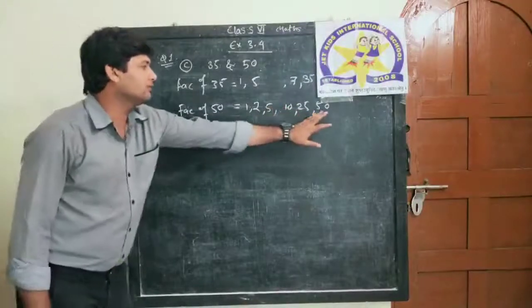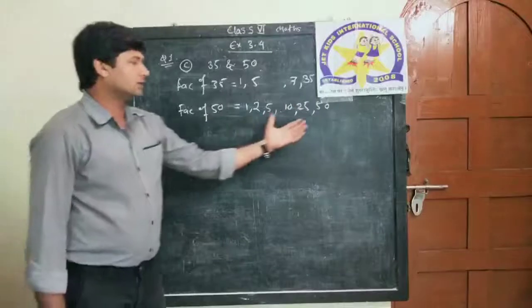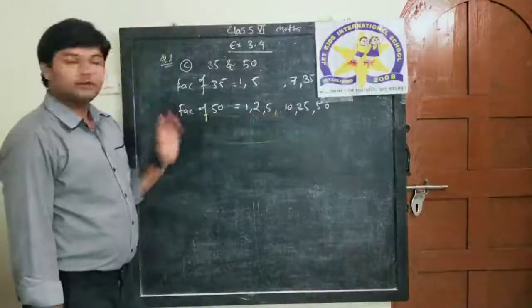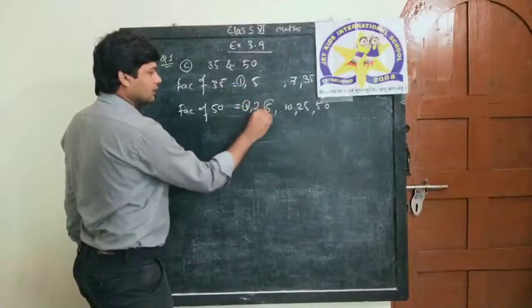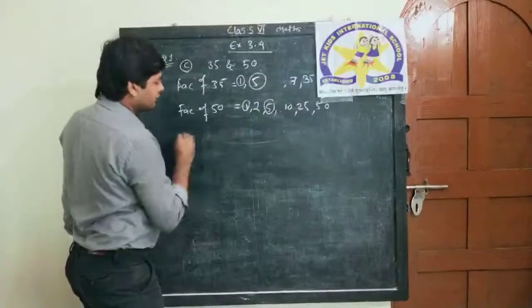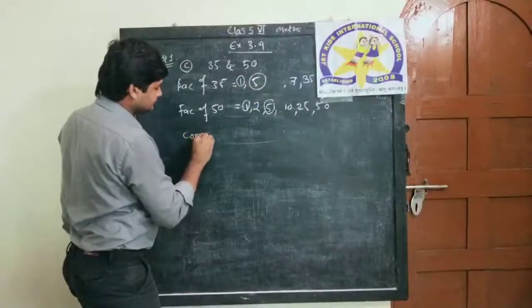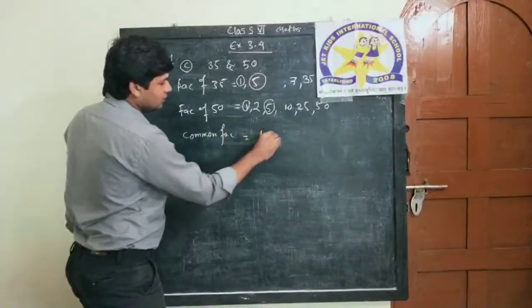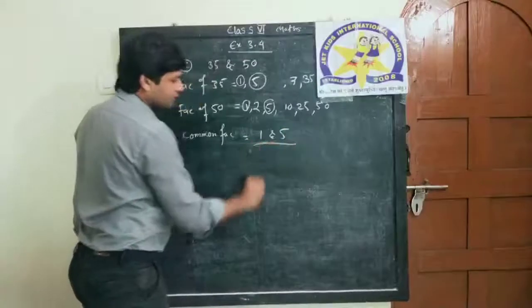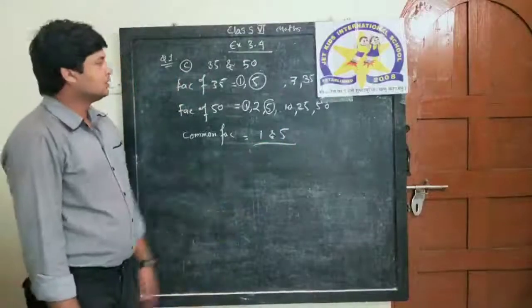Clear? No other number will divide 50 exactly. So we have our answer over here: the common factors are 1 and 5. Clear?